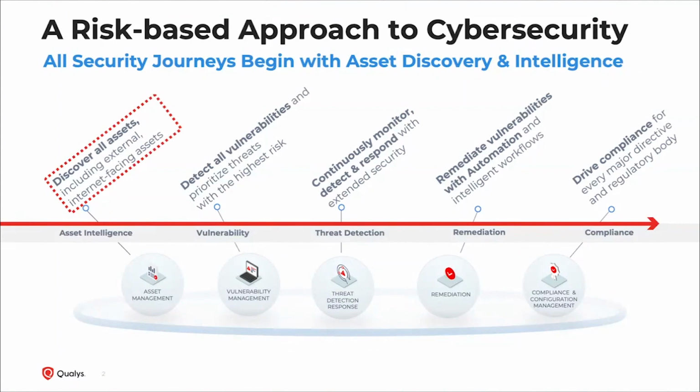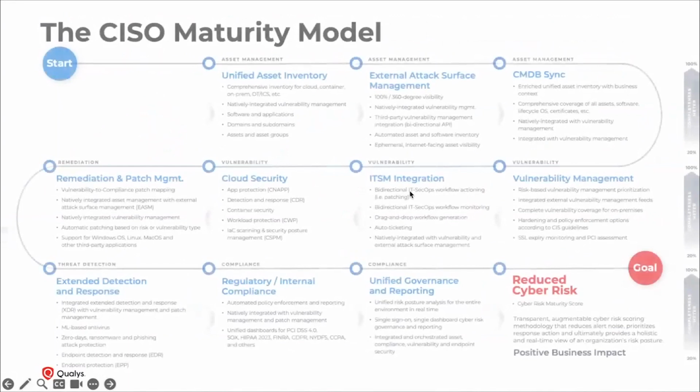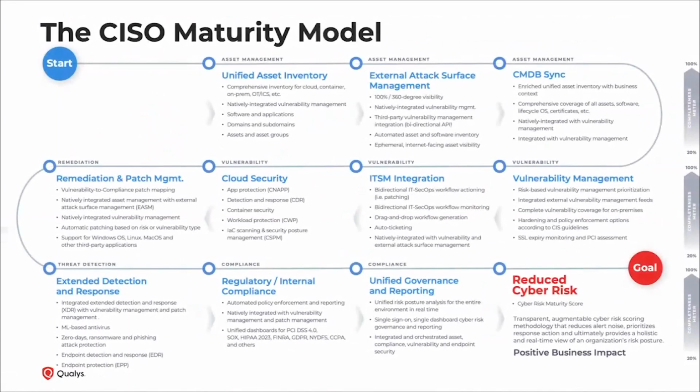So in order for organizations to effectively implement a vulnerability management program, they need to know all of their assets, including internet-facing, right? In order to do threat detection and remediation, you need to find all of the assets. So the journey begins with the foundational step, that is finding all of your assets, building the unified attack surface. Now, on the other hand, as you just heard from Mike, my good friend from Vertiv, who has been working in the industry for a long time, this CISO community is working towards reducing the cyber risk, the business risk that organizations are facing, by embracing the maturity model.